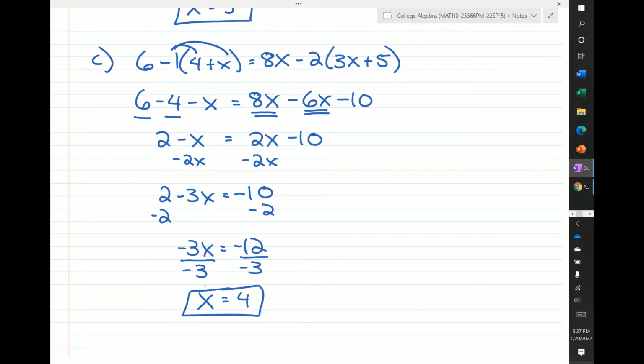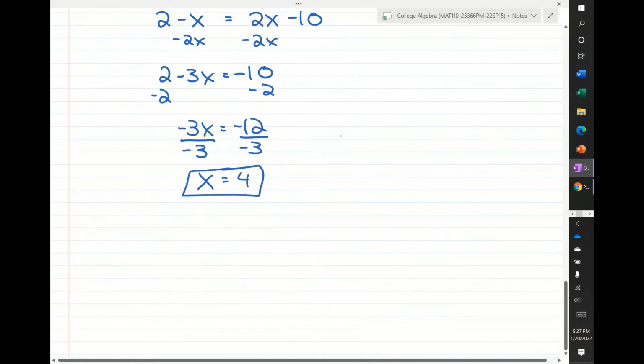The hardest kind of problem that you'll see will be this next example. If we had x minus 4 over 4 plus 2x plus 4 over 8 is equal to 5.